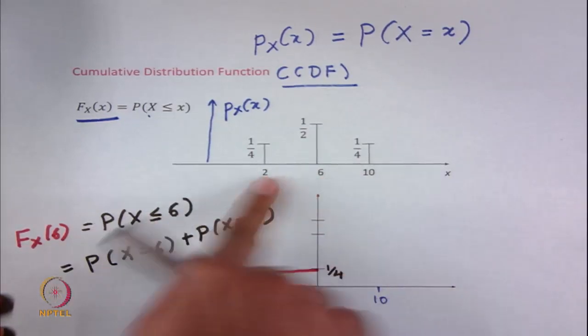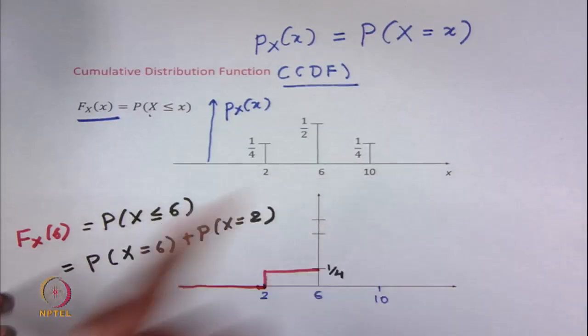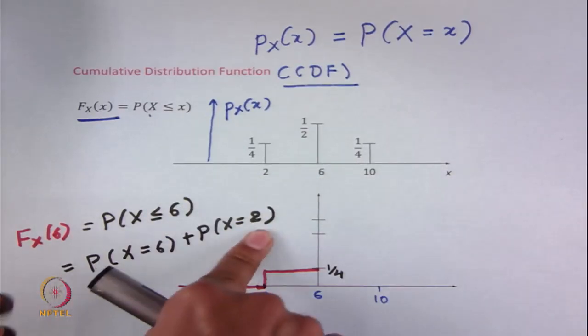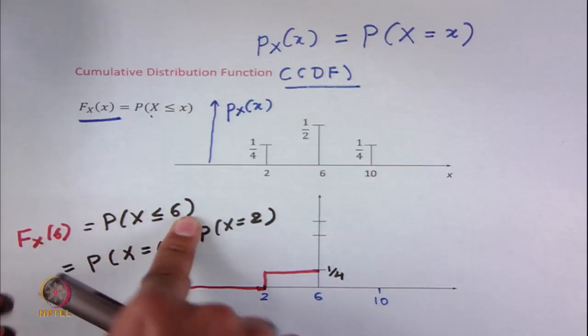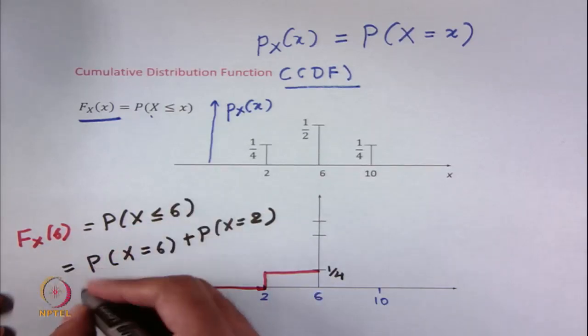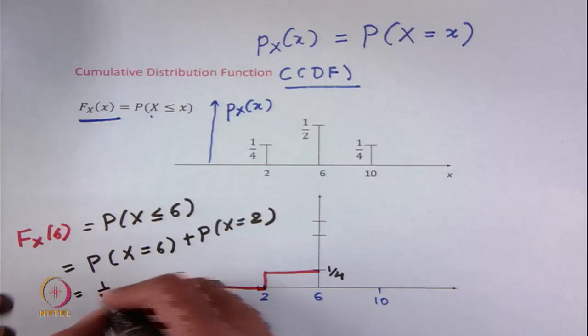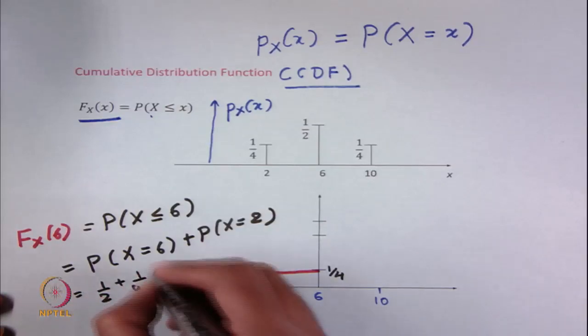So, these are the only 2 numerical values that it can take. It can take either 6 or it can take 2. So, probability of a random variable taking a value less than or equals to 6 is this, and this is half plus 1 by 4, which is 3 by 4.